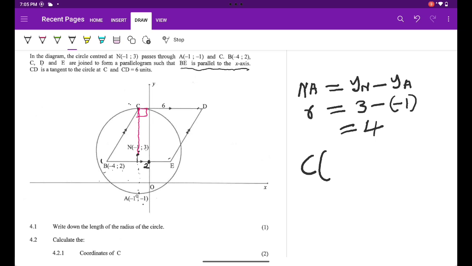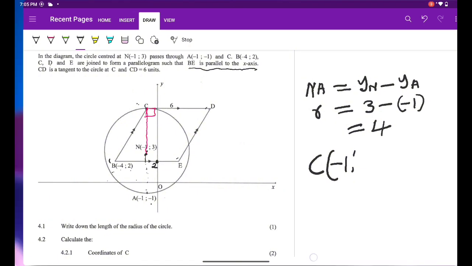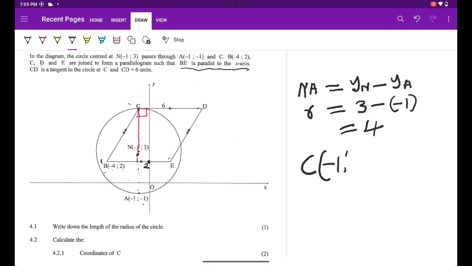The x value is the same here, it's -1, -1, -1, so the x value is -1. Now the y value, so we are now going to talk about the y value there, because we want the coordinates of C. So to get the y value, we are going to look at what we got there as the radius.